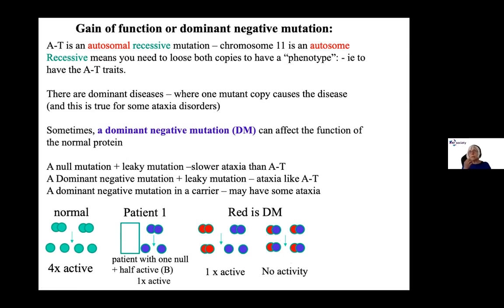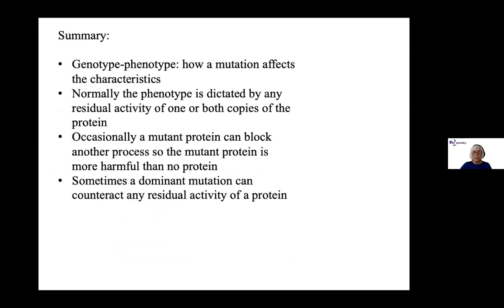And these type of mutations are not so common for affecting ataxia, but they can be there for cancer. And Malcolm may talk about that. Okay, so to summarize, I've told you what we mean by genotype, phenotype, how a mutation affects the characteristics. Normally, the phenotype, i.e. the characteristic trait, is dictated by any residual activity in one or both copies of the protein.